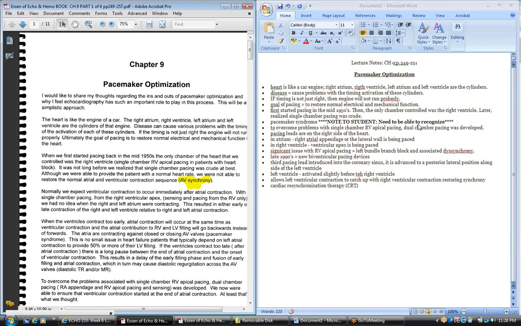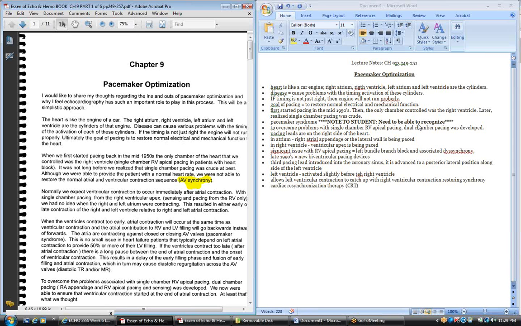So sometimes you have a late contraction of the right and left ventricle in relation to the left and right atria. If the ventricles contract too early, atrial contraction can occur at the same time as ventricular contraction, and the atrial contribution to RV and LV filling will go backwards instead of forwards.